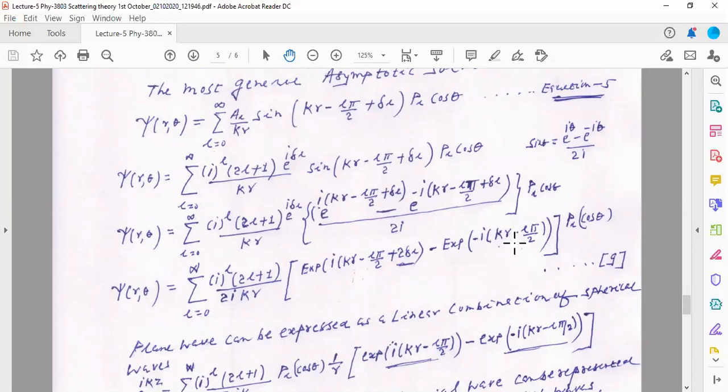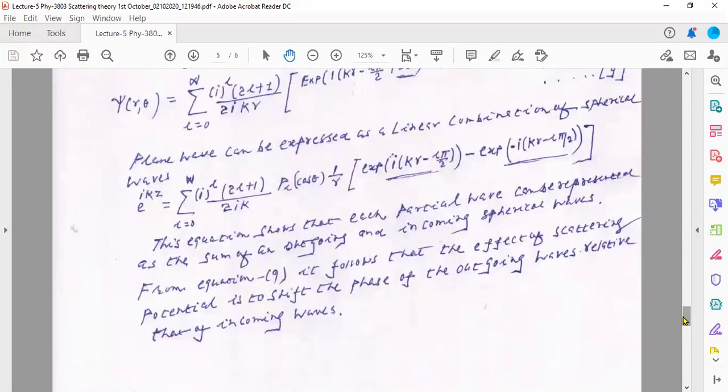But once it encounters the potential, the phase is altered, and you see the phase of the outgoing wave. The phase of the outgoing wave is e to the power of i into bracket kr minus L pi by 2 plus 2 delta L. The delta L is the phase shift, and that's why it changes the phase of the outgoing wave.